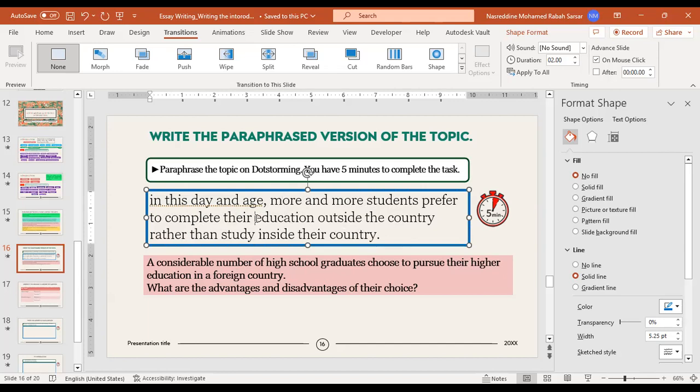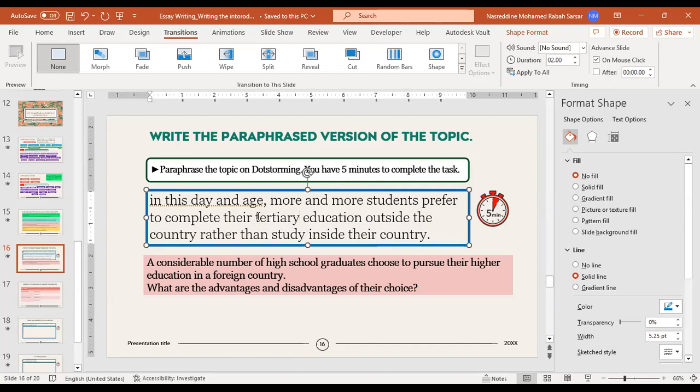So instead of higher, we can say tertiary. Now, tertiary means university study, this is with why. University study, tertiary education. So we have primary, the first, and secondary, the second, and tertiary education, which is higher education.